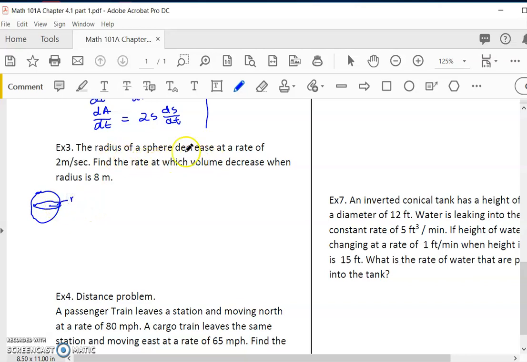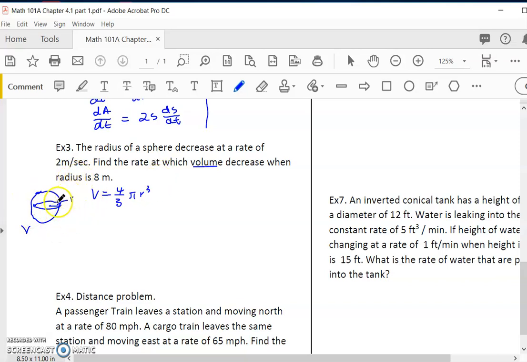Find the rate at which the volume, v, is changing. Do we know the equation that relates them? Volume is 4/3 pi r cubed. This is a geometry equation that relates volume and radius, because volume will be changing if r is changing, right? When r is 8, that is later.